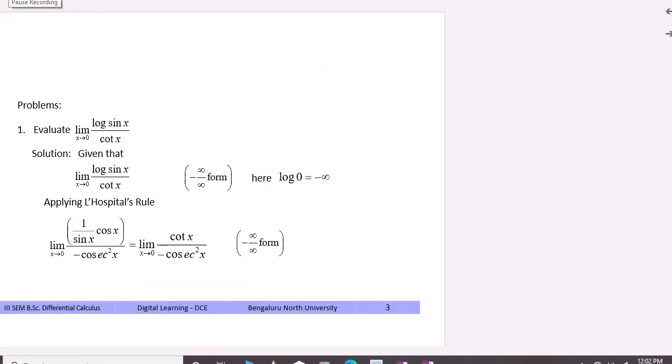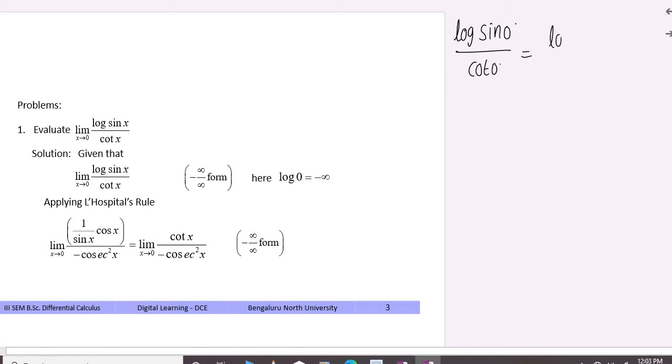First question, evaluate limit x tends to 0 log of sin x divided by cot x. First we want to substitute x equal to 0 in the given function. Then log of sin 0 divided by cot 0.